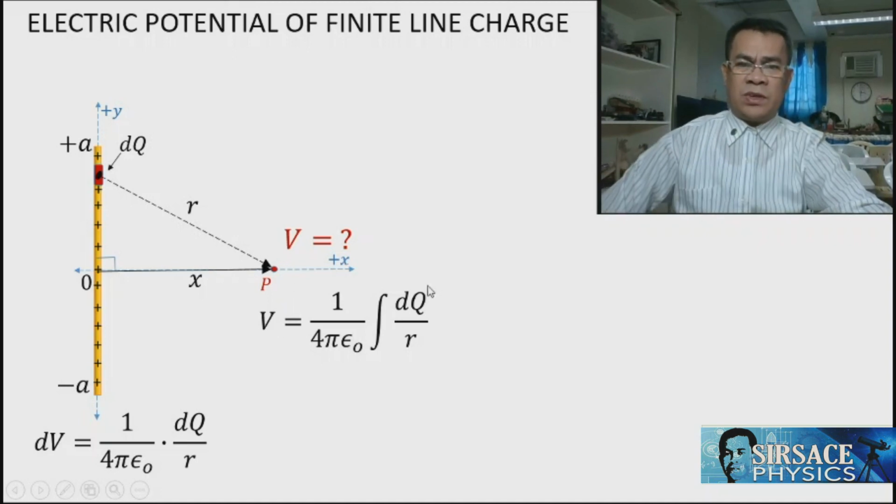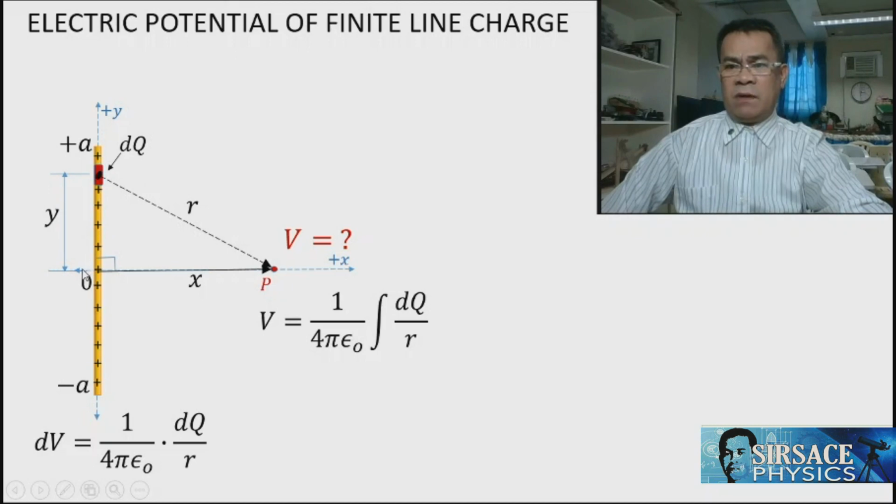So the question now is, what is dq? Take note that dq is located above 0 in this case. From 0, above is positive y, and below is negative y. But the positive y is only up to a distance of a, while the negative y is up to negative a.